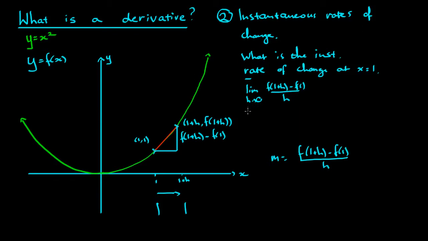So we can actually simplify this expression because we know how to calculate f(1+h). We have again the limit as h approaches 0 of, and f(1+h) is (1+h) squared. Going back to this fact over here, f(x) is equal to x squared. If we're going to put 1 plus h inside the brackets there, we have to replace all the x's in the function by 1 plus h.